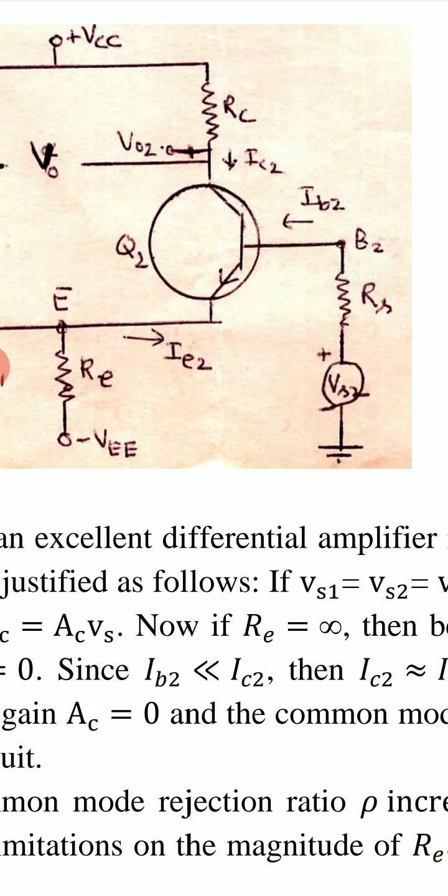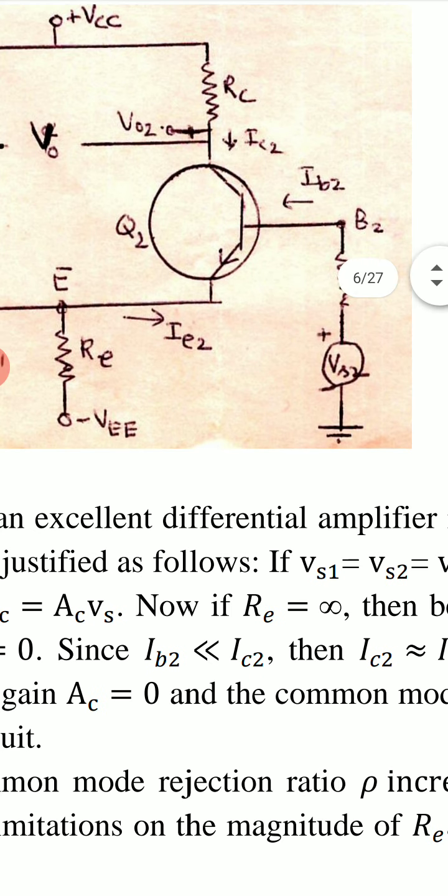Since IB2 is much less than IC2, the base current in each transistor is always much less than the collector current, and the base current is also much less than the emitter current.